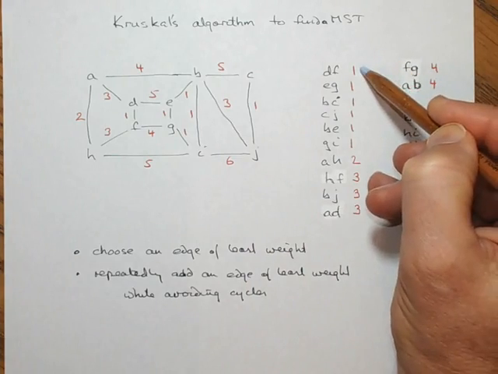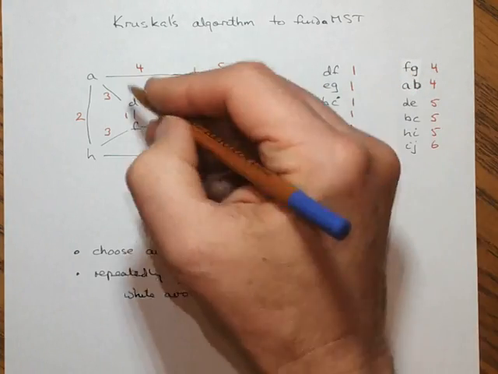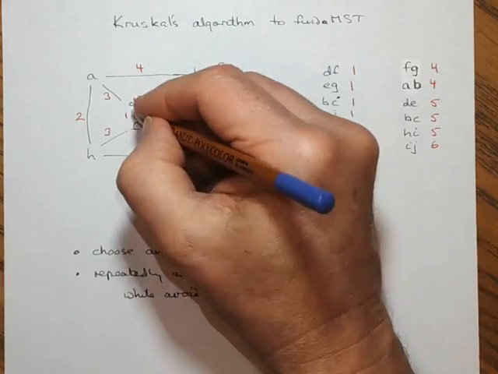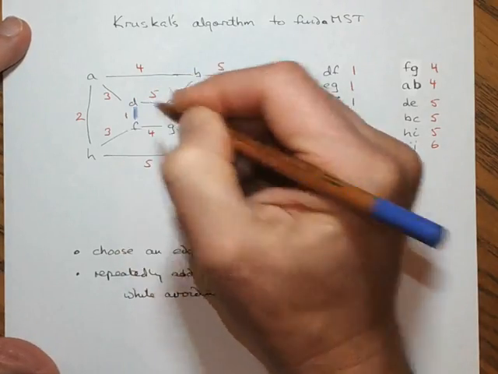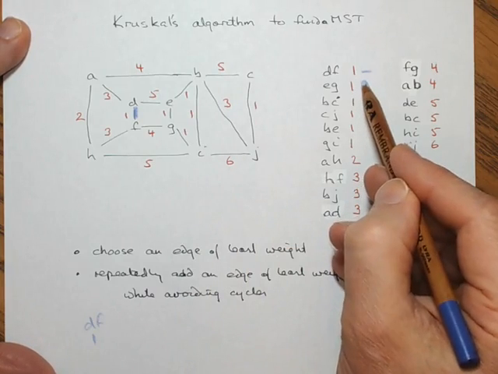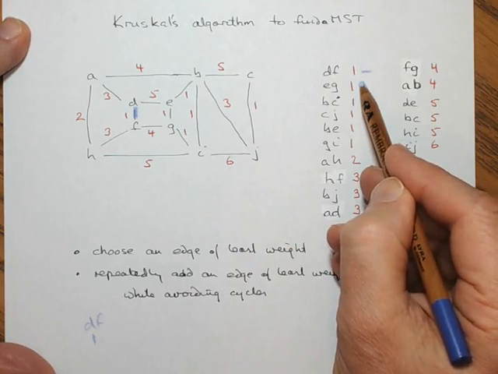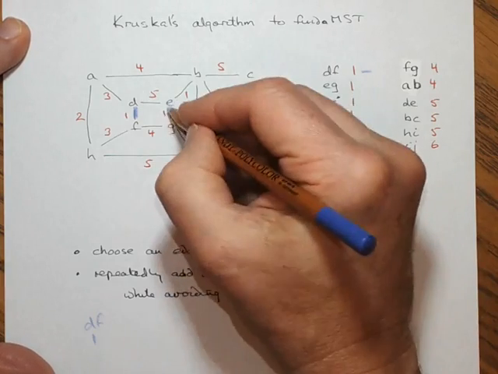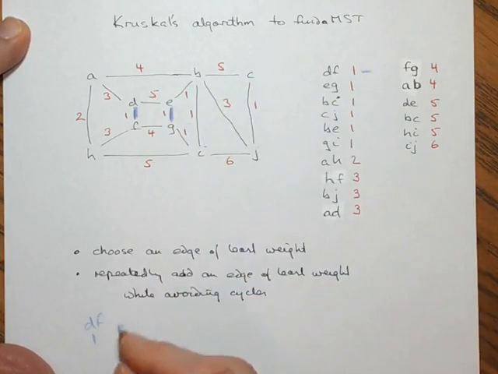First in the list is DF. Where's DF? DF is here. So we'll add that in. It's worth writing down as we go through which ones we're adding in. EG, we ask ourselves, can I add EG in without creating a cycle? And the answer is pretty clearly yes.